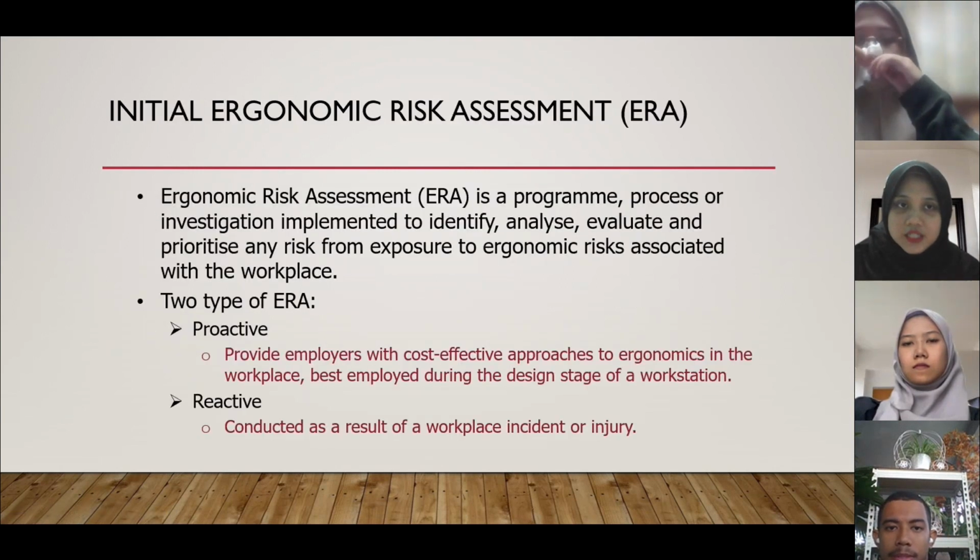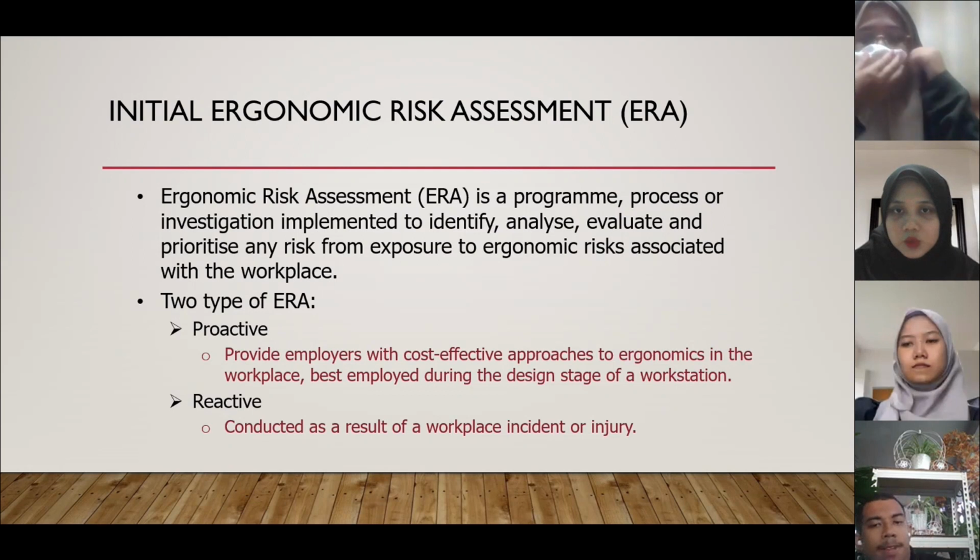Okay, what is initial ergonomic risk assessment? Initial ergonomic risk assessment, ERA, is a program, process or investigation implemented to identify, analyze, evaluate, and prioritize any risk from exposure to ergonomic risk associated with the workplace.